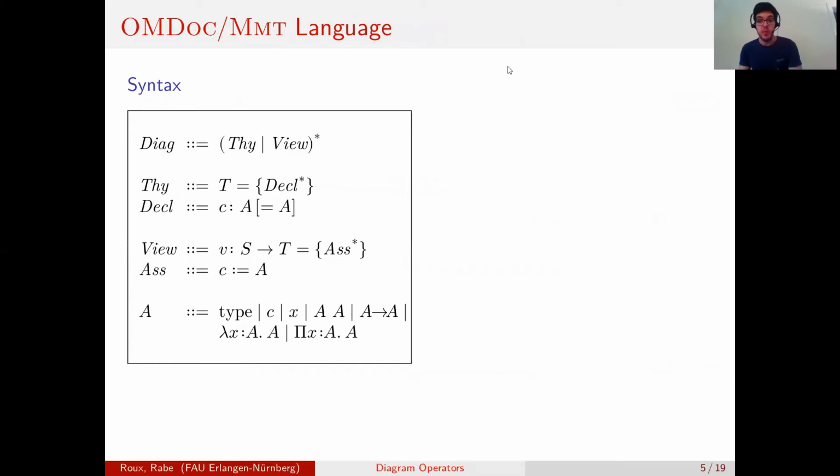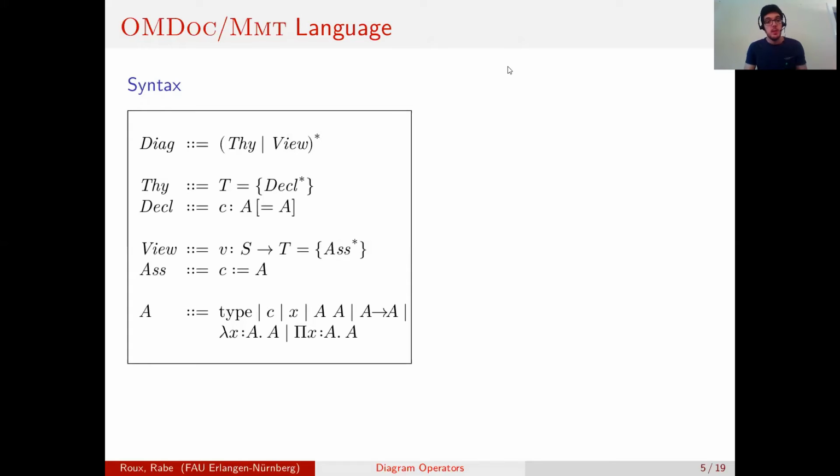So we also work with the MMT system, and more precisely with the OMDoc MMT language, which we see on the left. So we have diagrams consisting of theories and views, where theories are named lists of declarations, and declarations are constant declarations over some dependently typed variant of lambda calculus.